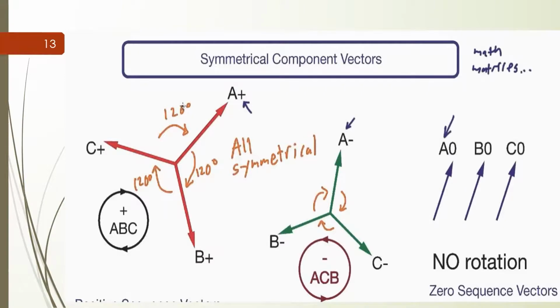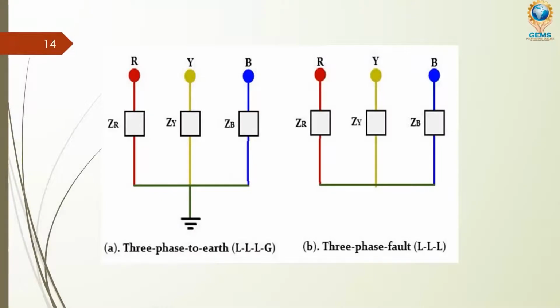If the fault is symmetrical, the resultant currents are going to be displaced by 120 degrees. Here we can see the fault current will be displaced by 120 degrees. These are the examples for the symmetrical fault.